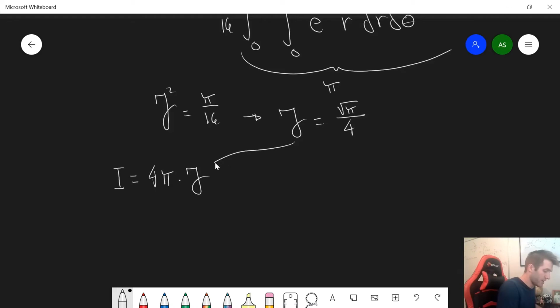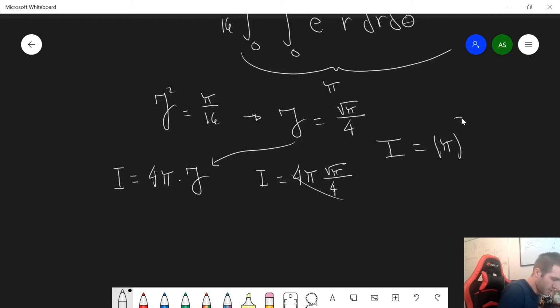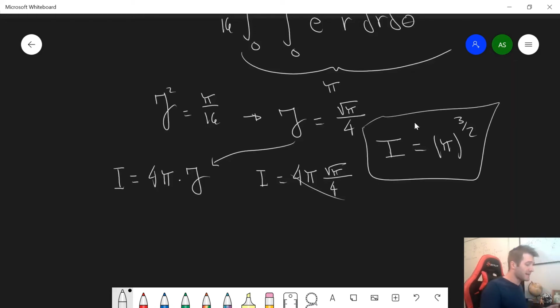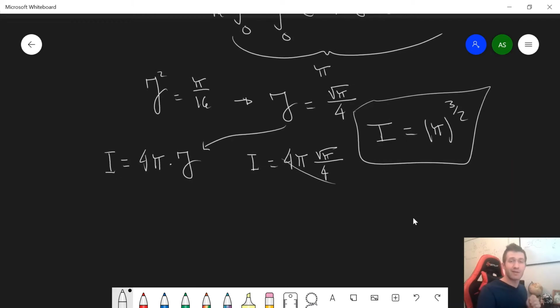And we need to plug j in for that. So I is equal to 4 pi times the square root of pi/4. These will cancel, and I is just equal to pi raised to 3/2, right? And that is the Gaussian integral solved in spherical coordinates and polar coordinates.